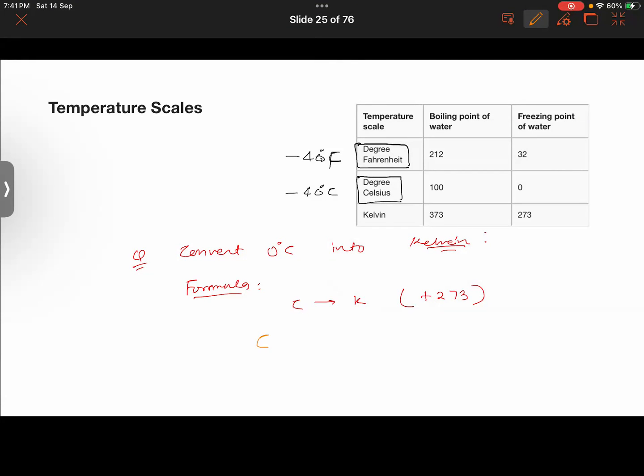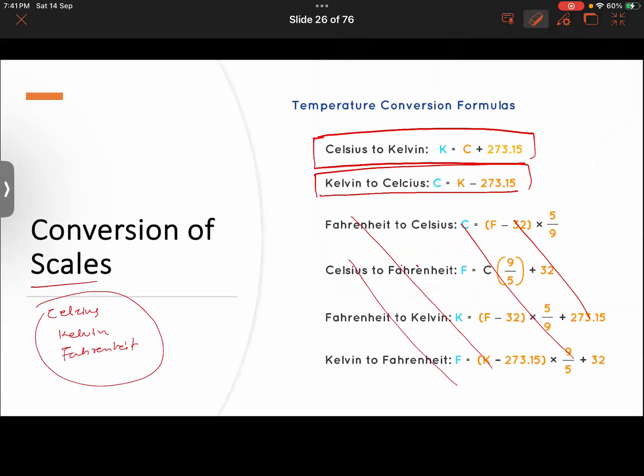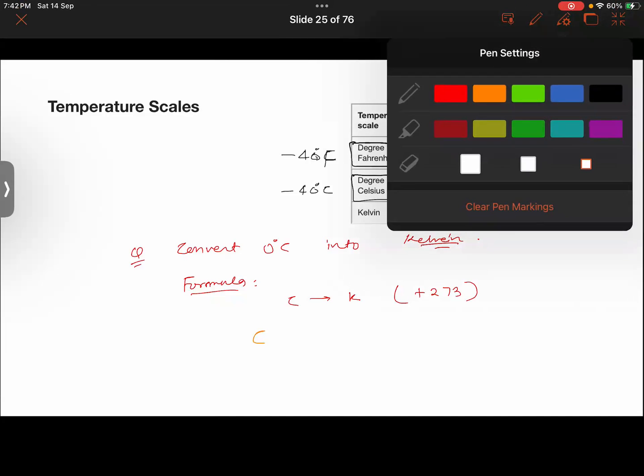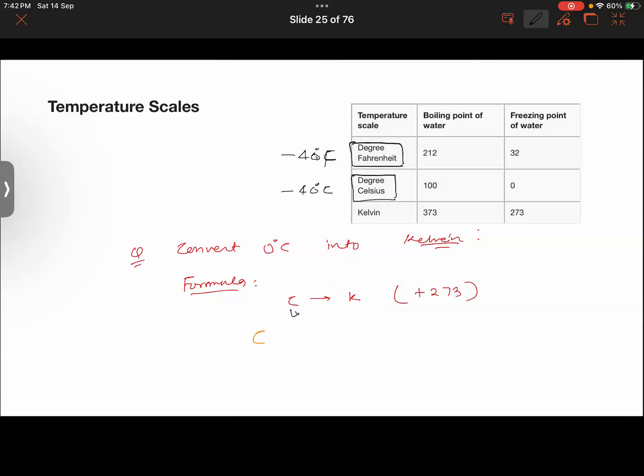So whatever temperature is given in Celsius, just add 273 to that. So here it's 0 degree Celsius, add 273. So that will be simply 273 Kelvin. Let's take up one more question.